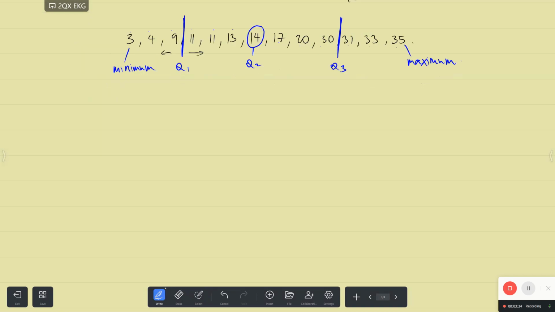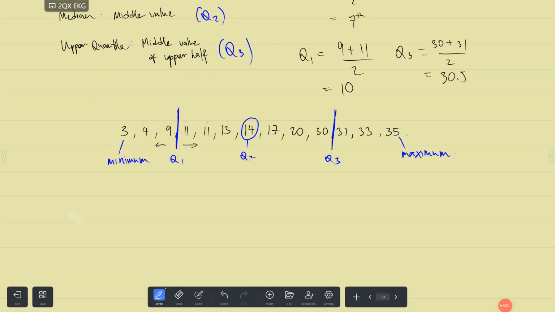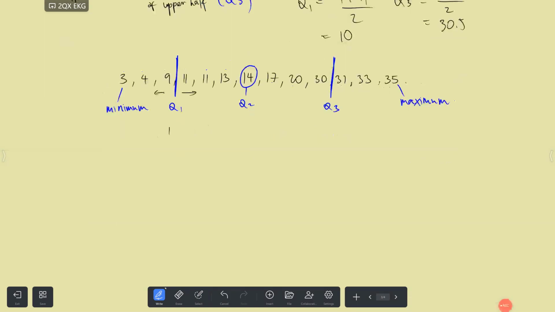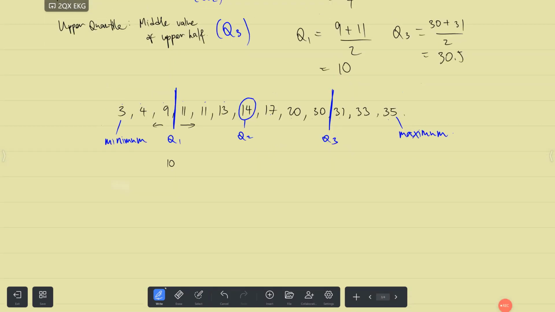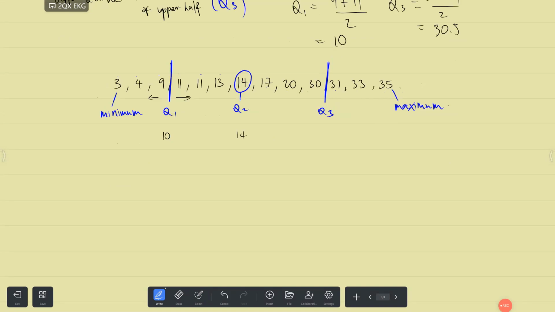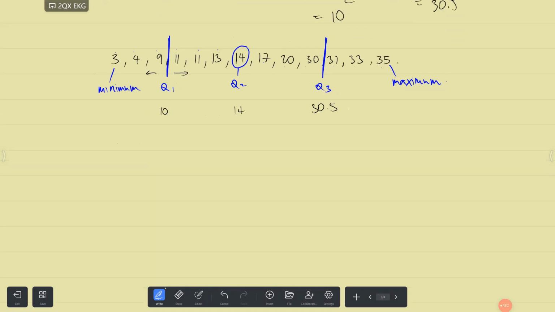Let's say I rewrite my data set and put in our values for Q1, which we found to be 10, Q2 as 14, and our upper quartile as 30.5. We can find a few more items. Firstly, you can find your interquartile range, which we can refer to simply as IQR from now on.